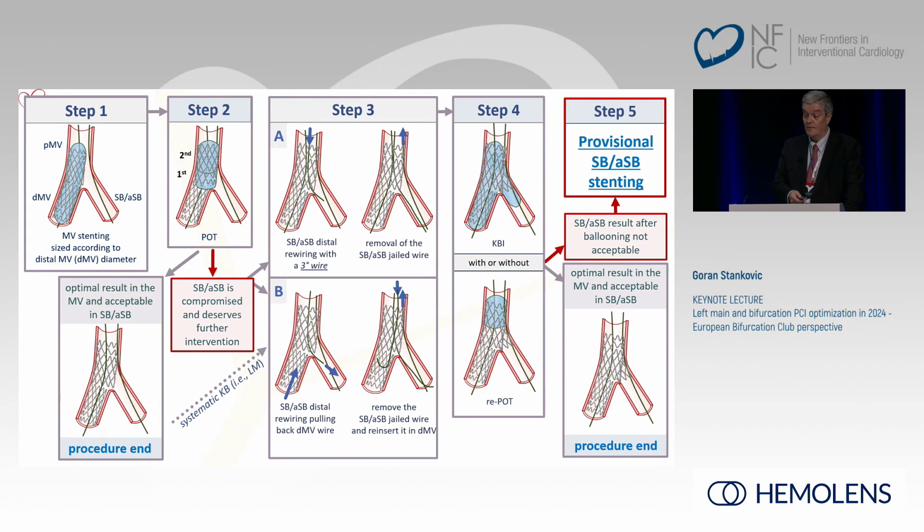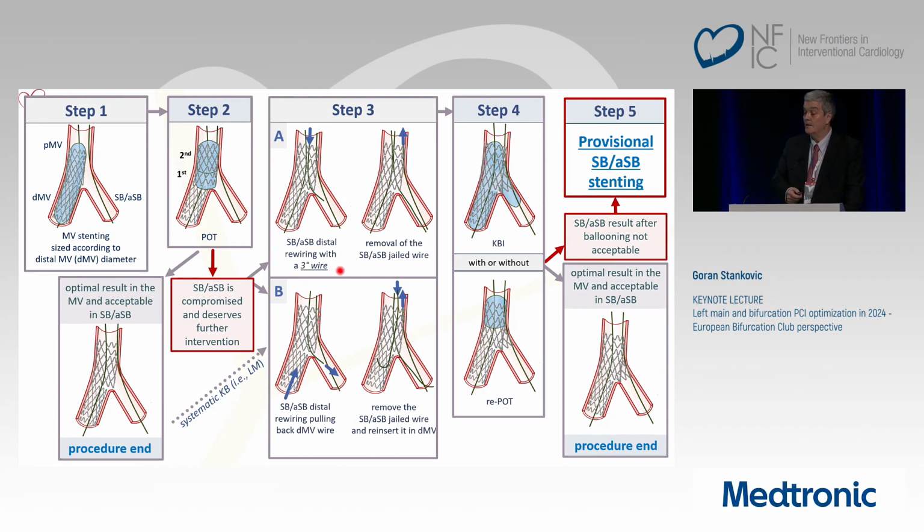So when we speak about optimization, we need to discuss first what the steps are and how we progress from one step to the other, and we try to make optimal stent expansion and deposition following the fractal geometry of coronary bifurcations. So the only two mandatory steps are step number 1 and step number 2.